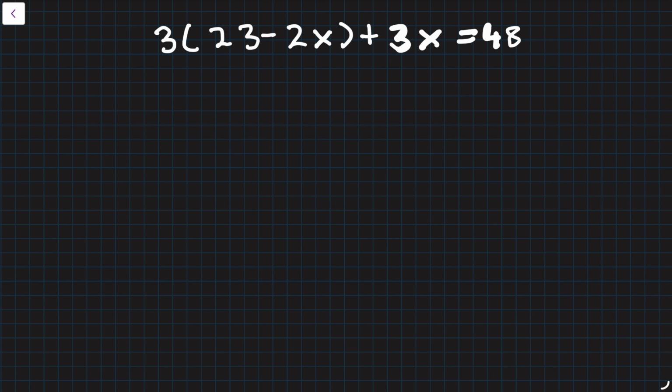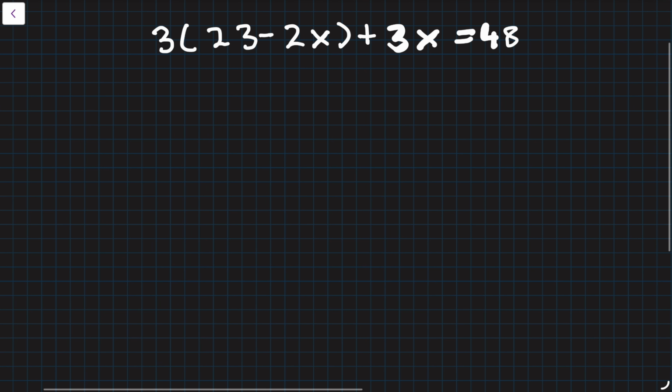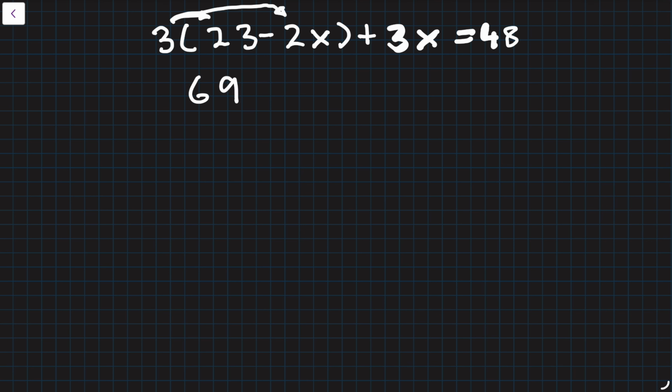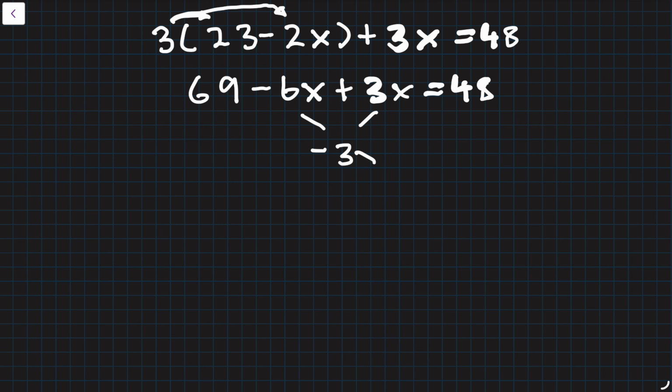Let's make it a little bit harder. So we're gonna do a multi-step equation, and what we're gonna do is multiply right here. Then 23 times 3 is going to be 69, and negative 3 times 3 is going to be negative 9x plus 6x equals 48. Since these are like terms, you can add them together. So you're going to end up with negative 3x plus 69 equals 48.